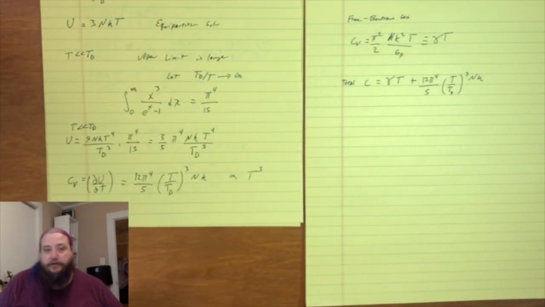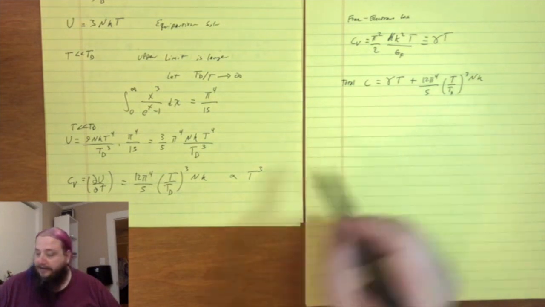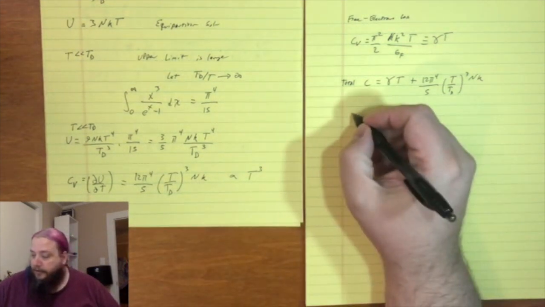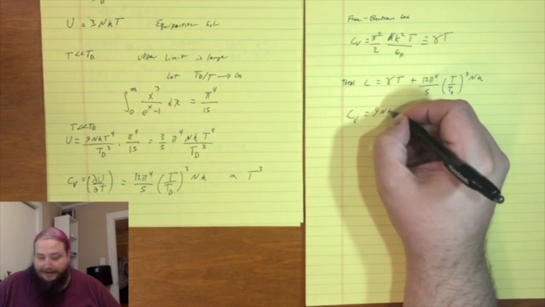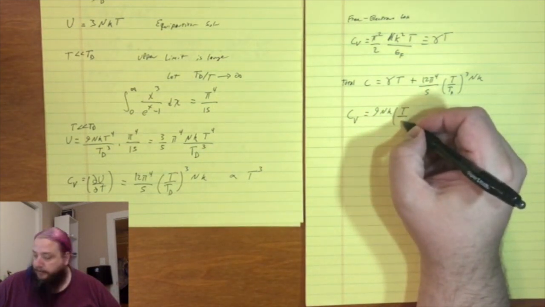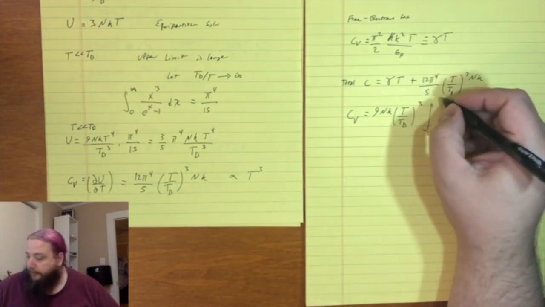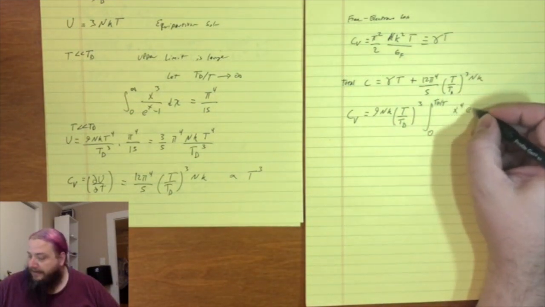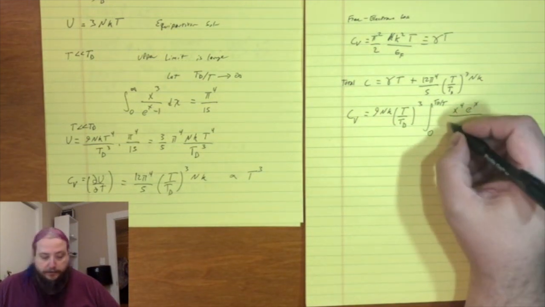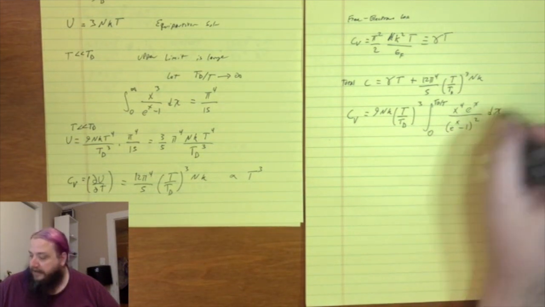And indeed, if what you're really wanting is to predict the heat capacity, then it's a little bit more accurate to go ahead and do that differentiation under the integral sign, which would give you a slightly different integral to integrate over: 9nkT over T_D cubed times the integral from 0 to T_D over T of x to the 4th e to the x over e to the x minus 1 squared dx.